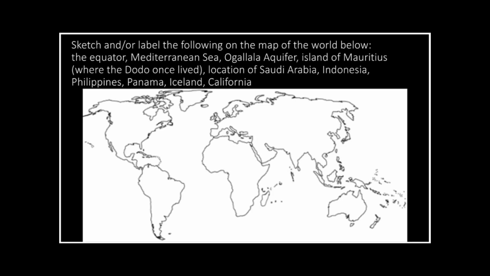Okay, so let me try this one. So the equator, let's see. I want to try and do this right, but I may not get it exactly right. This is about where the equator is. And then, okay, so we did that. The Mediterranean Sea, let me see if I can get you a different color.